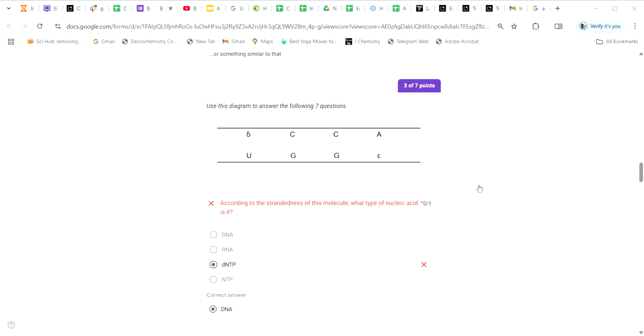So there are nitrogen bases adenine, thymine, guanine, cytosine, and these are the base pairs, and these are the sugar phosphate backbone.